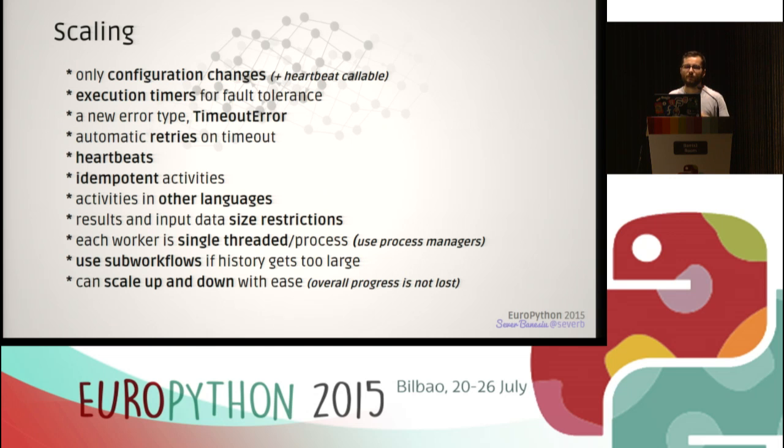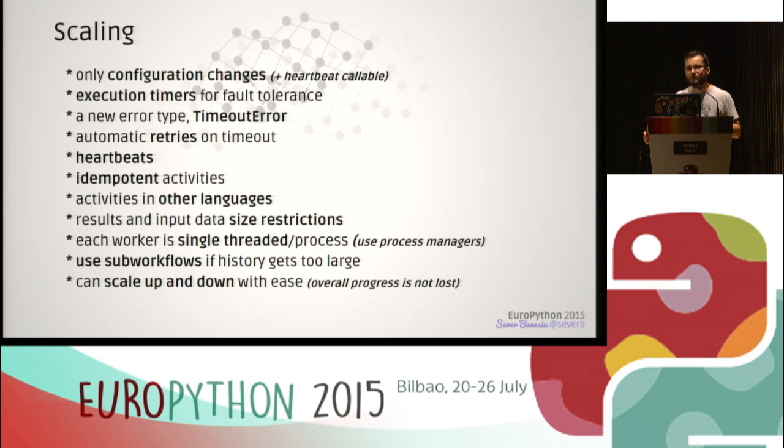Sub-workflows will only appear as a single entity in the history, so you can get basically logarithmic data transfer by using sub-workflows in a smart way. And because of the fault tolerance built in, you can scale down. So for example, all the workers can die at some point in time, and then after a while they would come back online, and the workflow progress won't be lost.